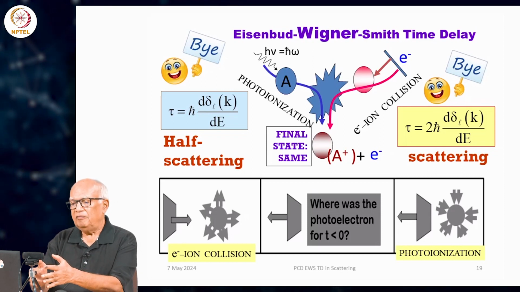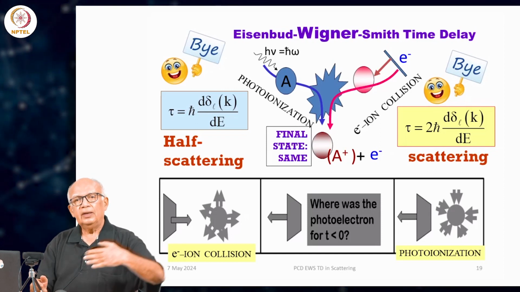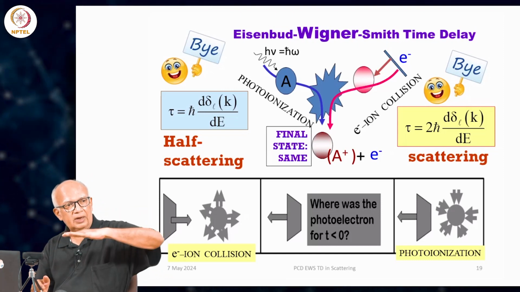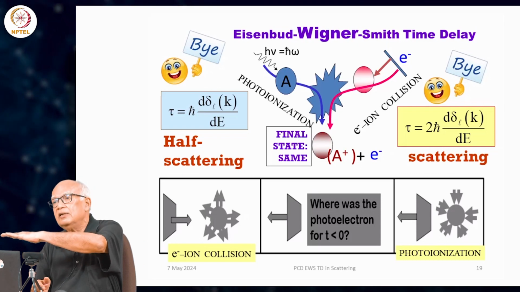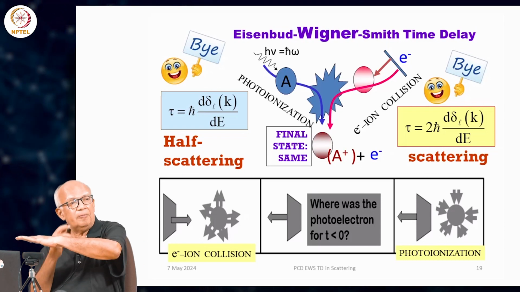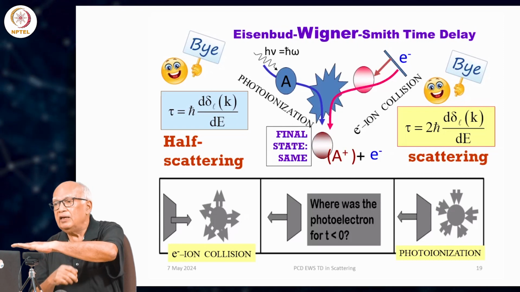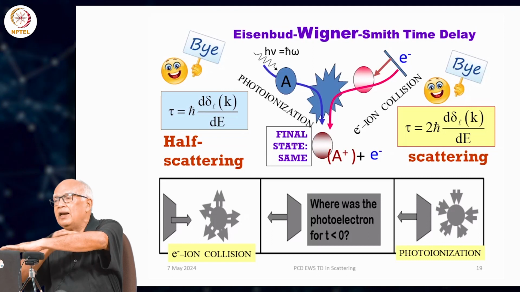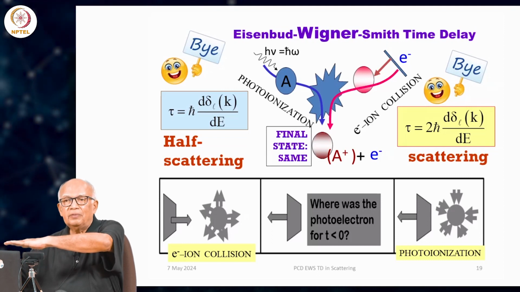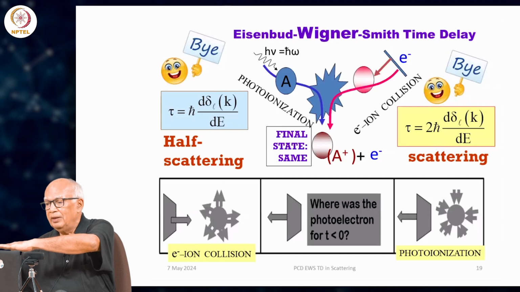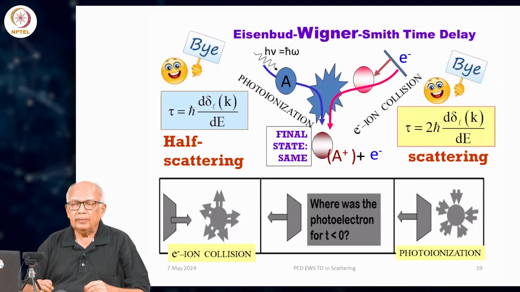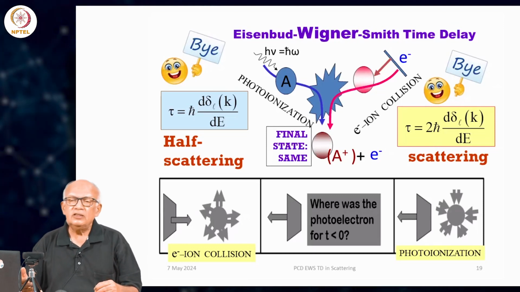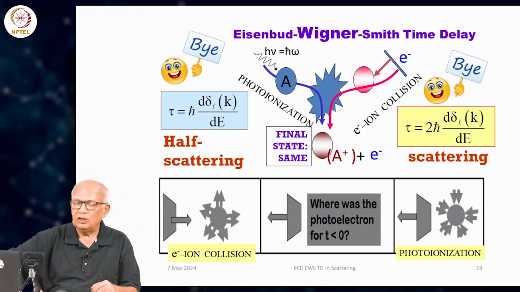So, in the collision, which is the lower left box, the incident beam defines the z axis, okay, and all the angles r and theta, theta is the polar angle which is measured with respect to the polar axis. So, this is the z axis, and angles with respect to this will be your polar angle theta. But in photoionization, the only thing which can define an axis is the photoelectron escape direction, which is what is shown over here.